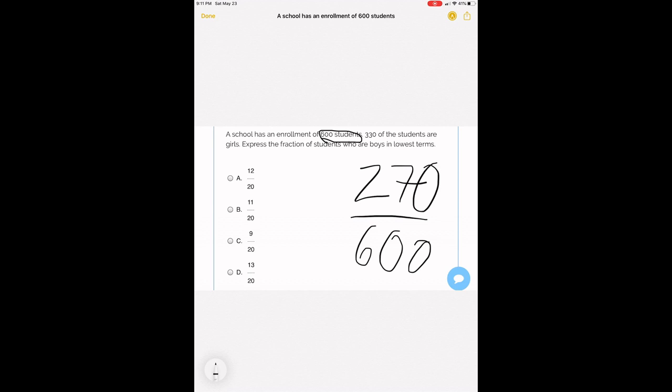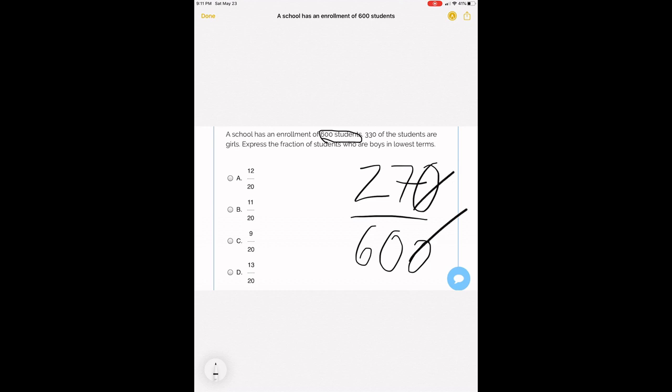The simple way is we're going to find the number that can divide both the denominator and the boys. We found out that the number that can divide both right now is 10.